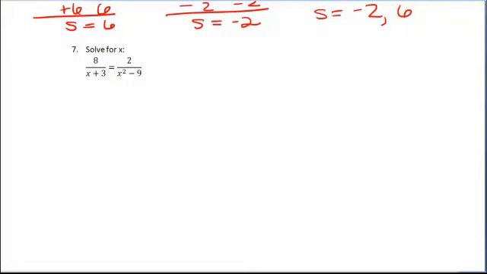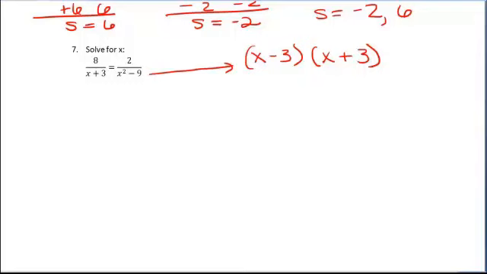So I would factor this one, x squared minus 9. So I know that the quantity of x minus 3 times the quantity of x plus 3 would be what I get when I factor this one out.